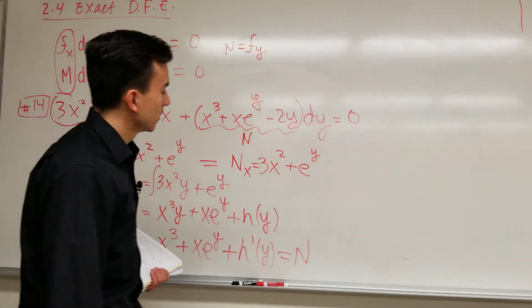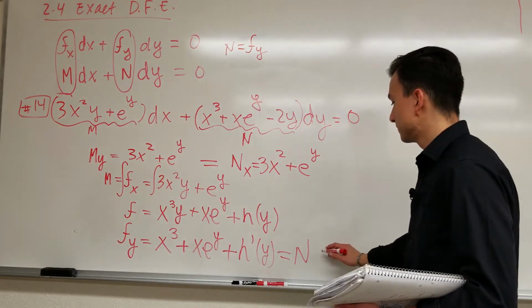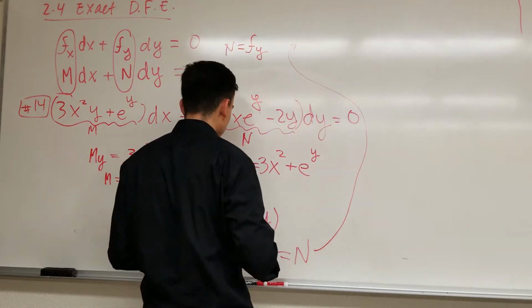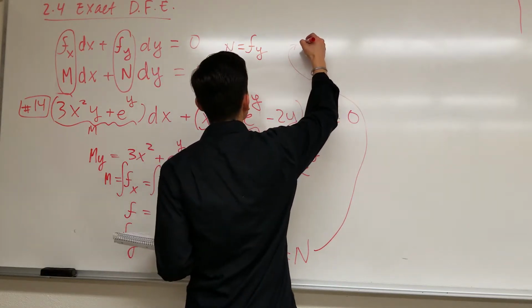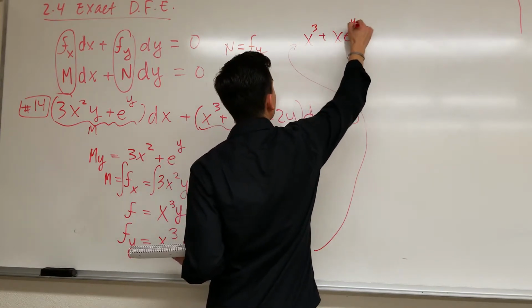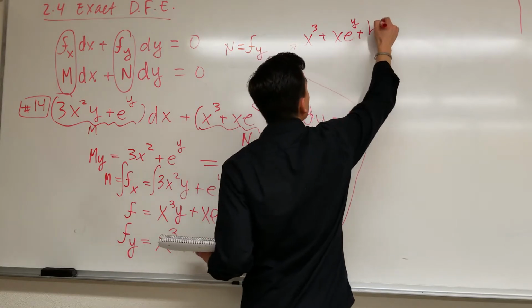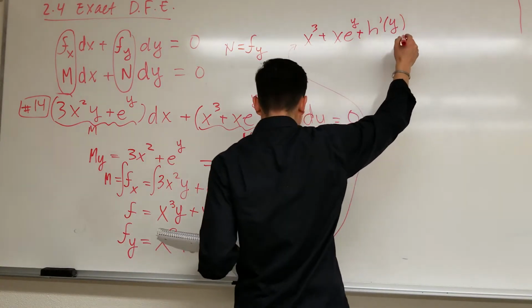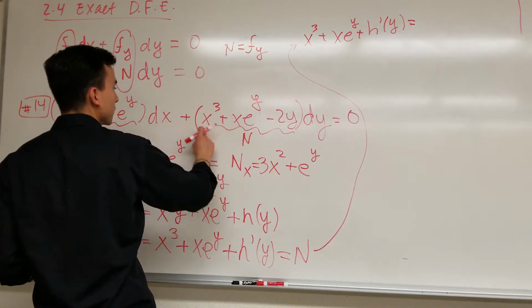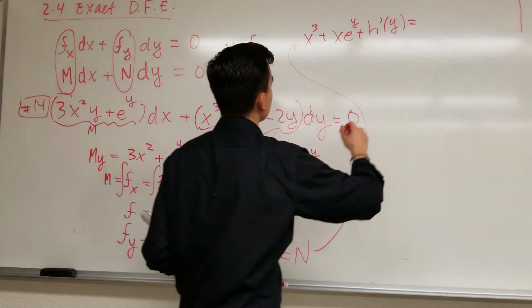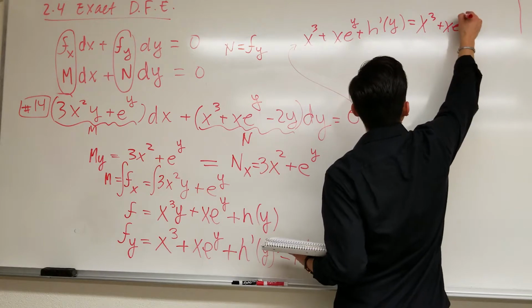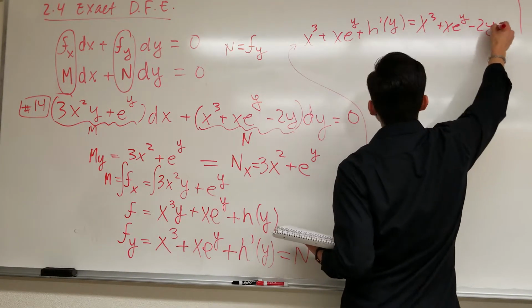So what we're going to do is just bring this guy up. So that was x^3 + x e^y + h'(y) equal to N. However, we're going to input our N, which was this here, equal to x^3 + x e^y - 2y.